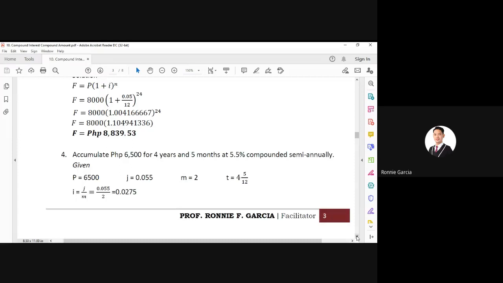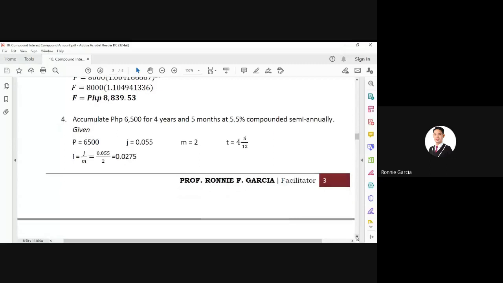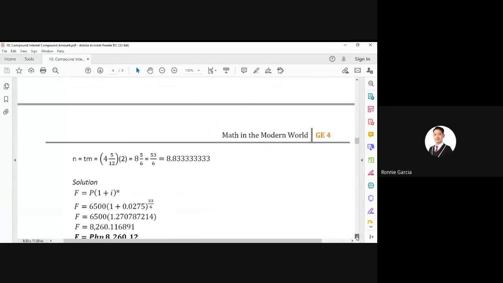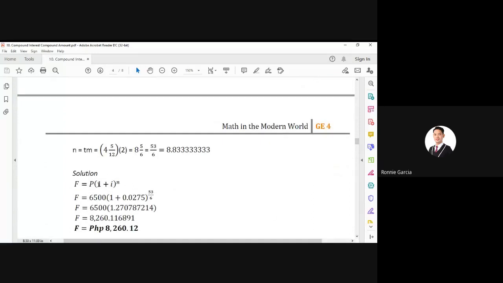Semi-annually is 2. And then 5.5%. Again, mag-move ka 2 places to the left. That is why you have 0.055. So kaning 0.055, i-divide pa na nimo siya 2 kay i is equal to j divided by m. Ang formula na to. So na kayo 0.027 nga imuhang i-add later sa imuhang 1.